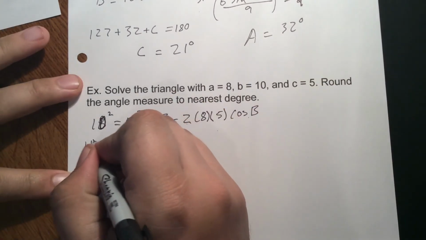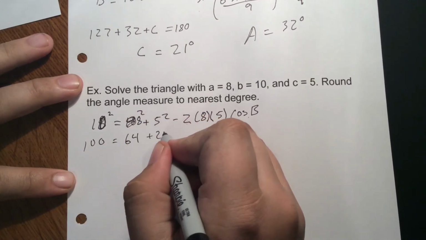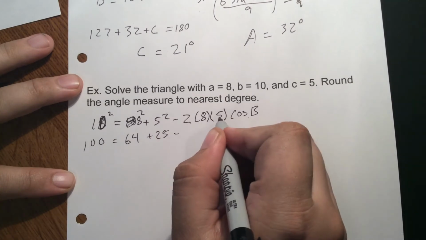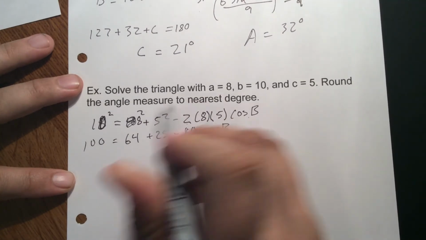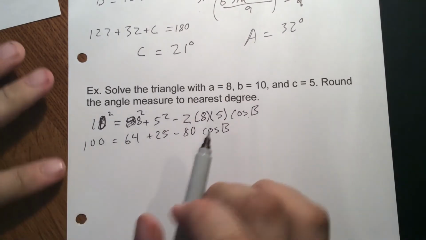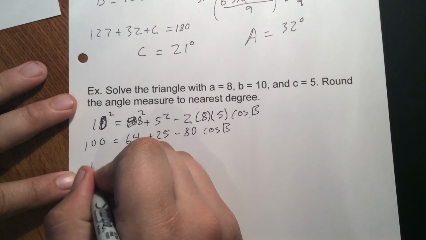10 squared is 100. 8 squared is 64. 5 squared, 25. Minus 8 and 5 is 40. Times 2 would be 80. Cosine B. So 64 and 25 make 89. So we'd subtract that over and get 11.